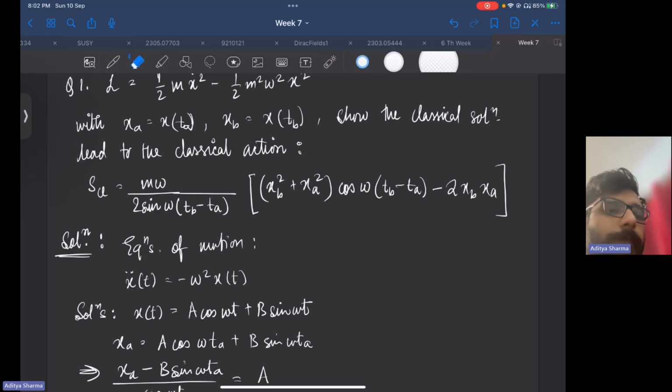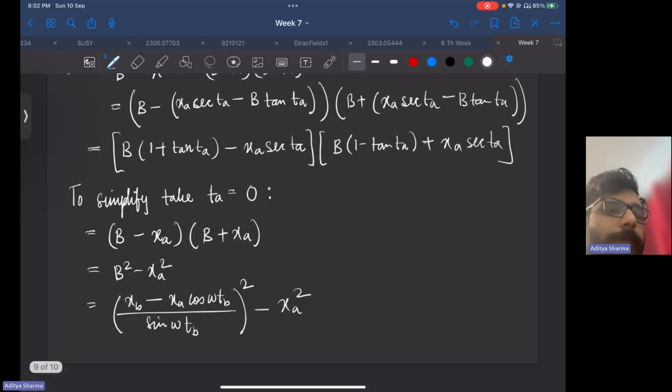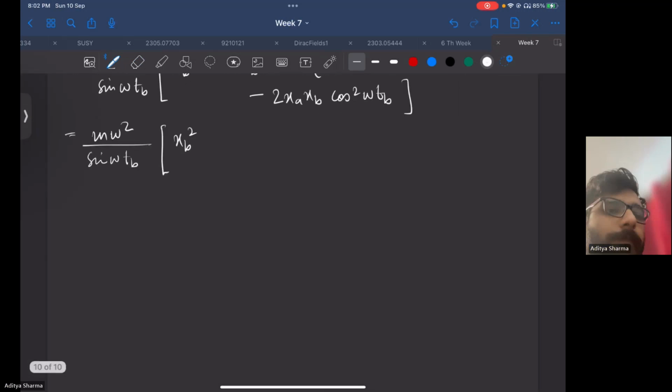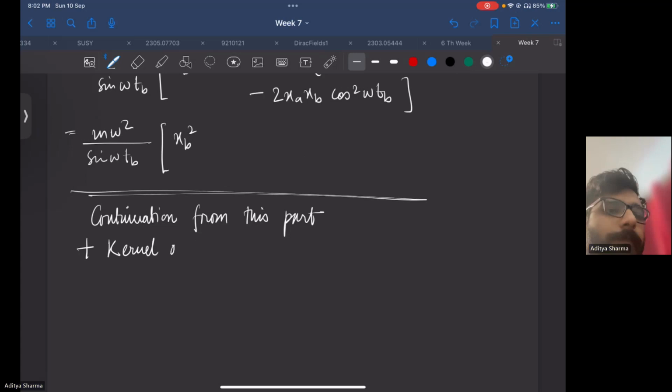The next class I'll continue this problem. I'll continue it from here. Plus, we are going to find the kernel of. I'm going to guess anything.